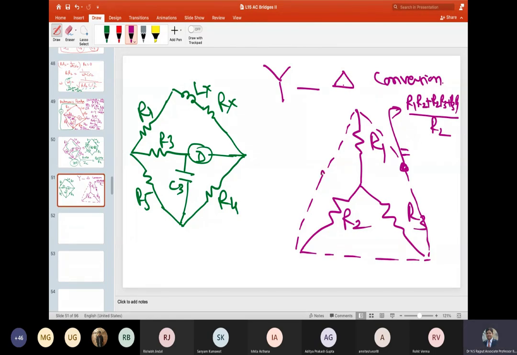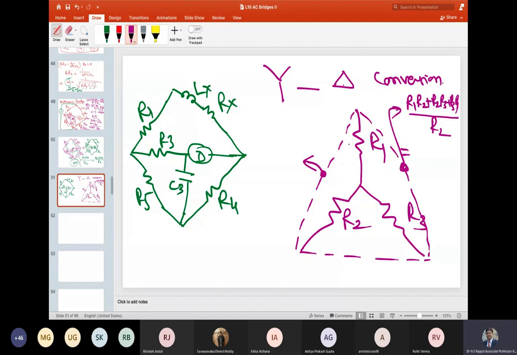Similarly, for this branch, what will be this value? Who will tell me? Dinesh? What would be this arm? Or the one on the left, sir? Yeah, this one. For this one, what will be this arm?